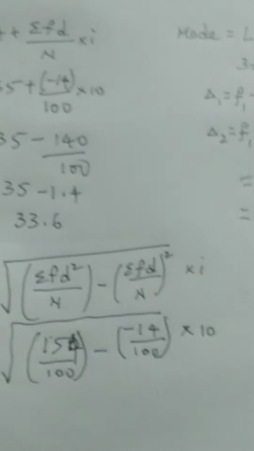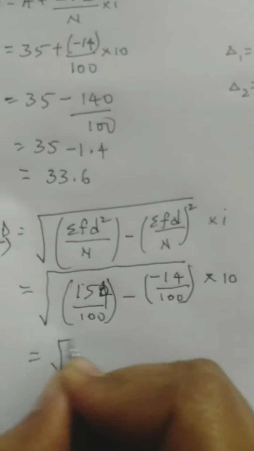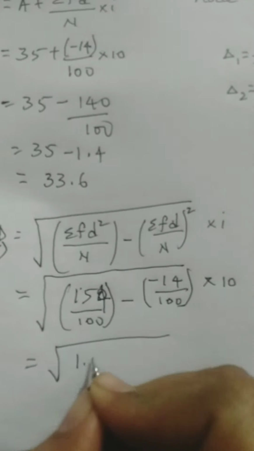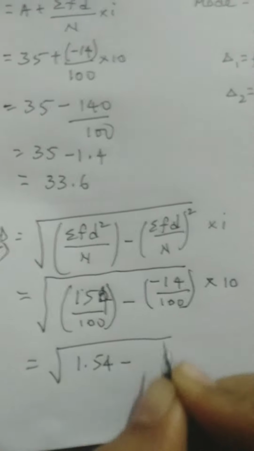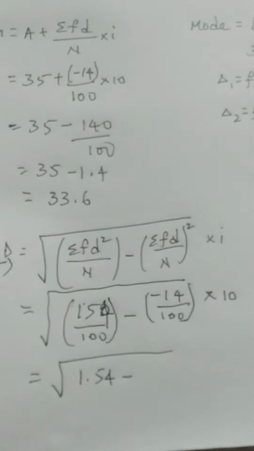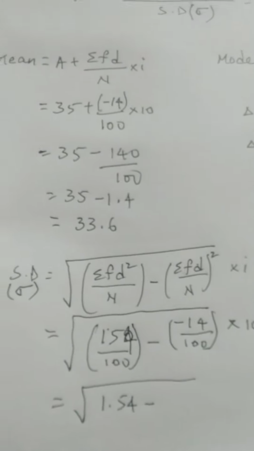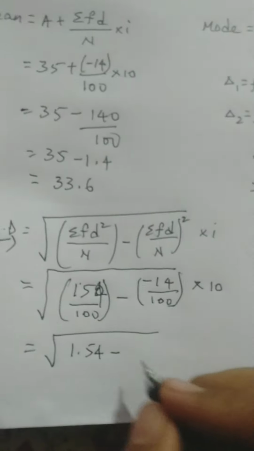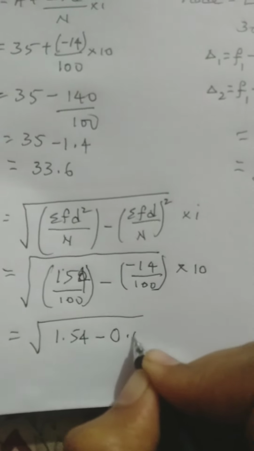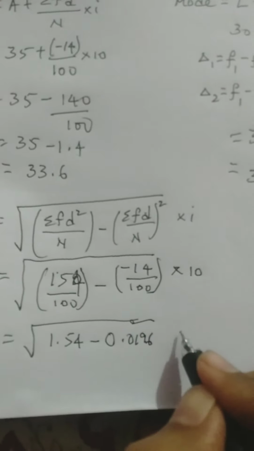Then, students, I will calculate this. I am getting it as 154 divided by 100 is 1.54 minus 14, minus into minus it will become plus. So here I am getting it as 0.0196 into 10.